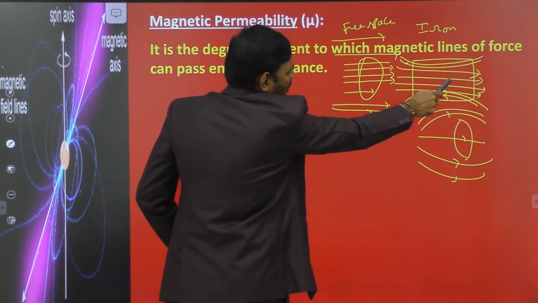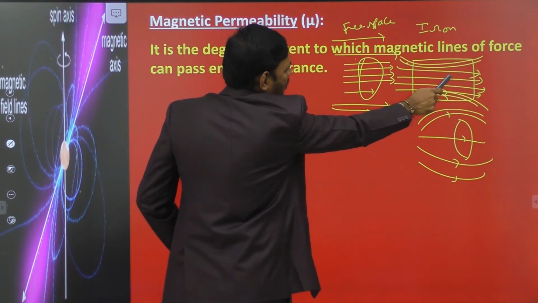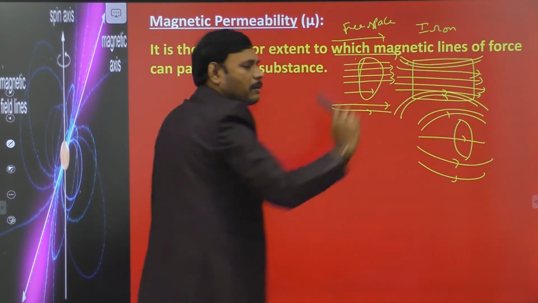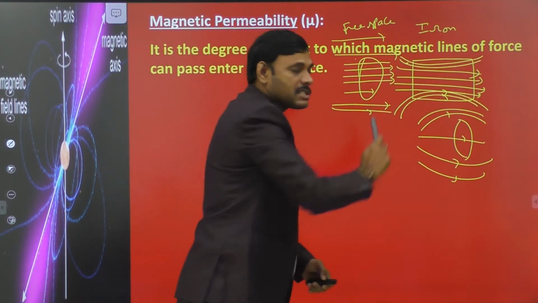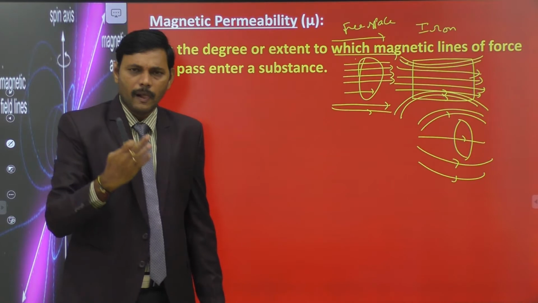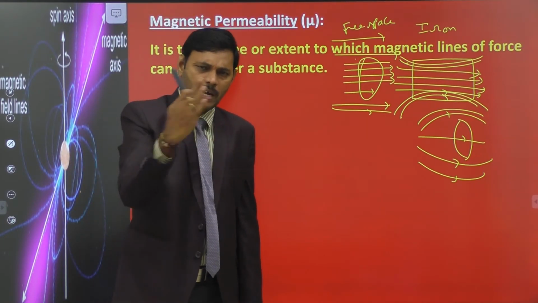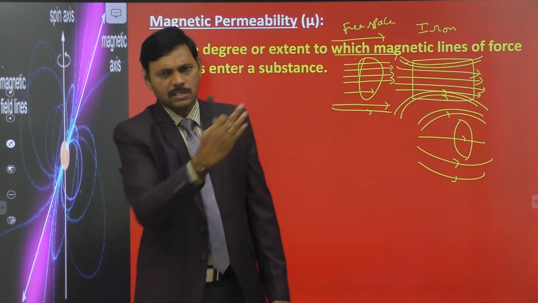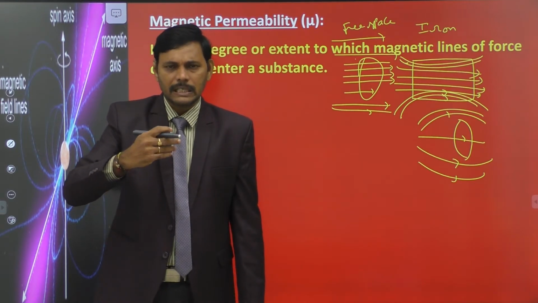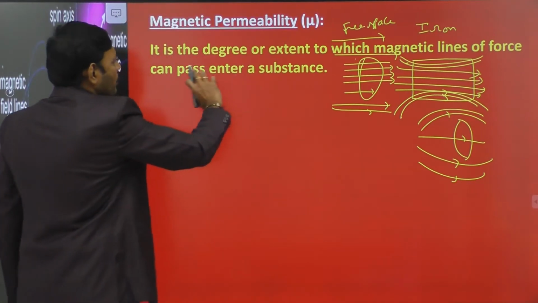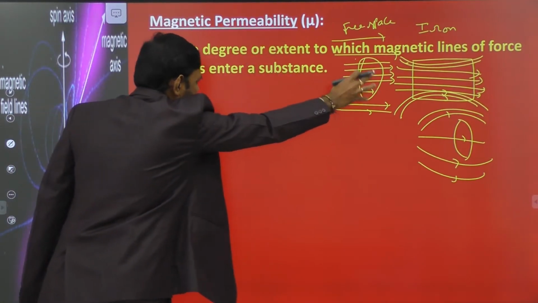Definitely this one has more magnetic permeability, this one has moderate, and this one has the least. In the second example, when we use a substance like iron, nickel or cobalt, more magnetic lines pass through the medium. So it shows that mu is more. That is the meaning. I hope you followed the definition with the help of this example.